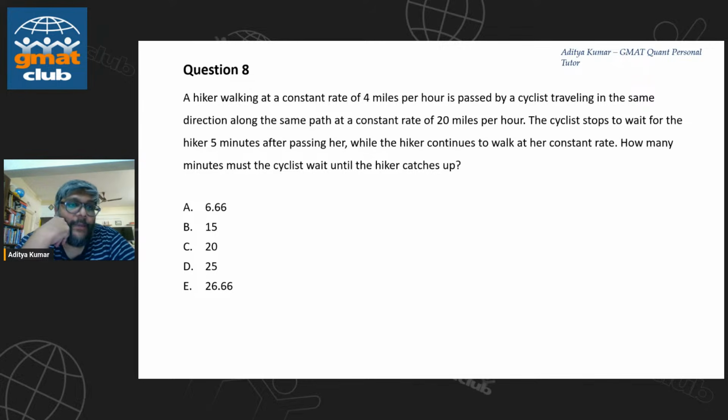You can start typing your answers in the chat window, please.